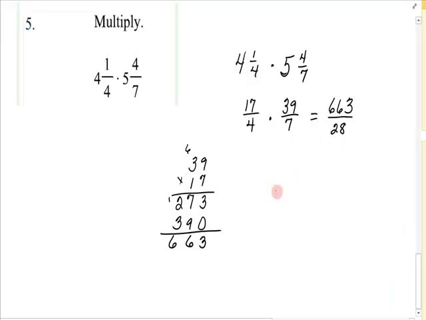Now that is my improper answer, so I'm going to now have to divide 28 into 663. 28 does not go into 6, but it goes into 66, and I'm going to guess that it goes in 2 times. 2 times 28. 2 times 8 is 16, carry the 1. 2 times 2 is 4, plus 1 is 5. So I did that multiplication right there. I subtract for 10 and bring down the 3.